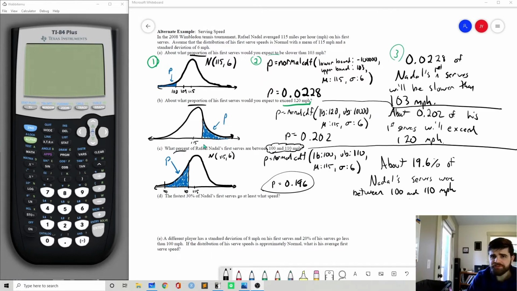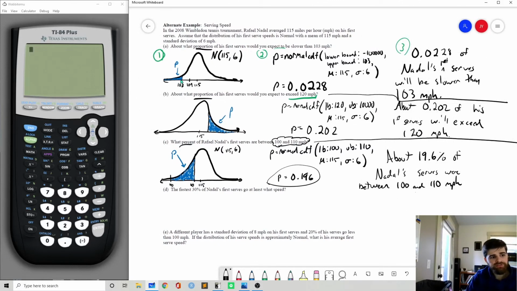Again, this isn't a perfect sketch, just something to help me visualize what's going on. I threw it into my calculator, normalcdf with a lower bound of 120 and an upper bound of a big number, big enough to make sure we capture all the data, and we get a proportion of 0.202. So about 20% of his first serves, 0.202 of his first serves, will exceed 120 miles per hour.